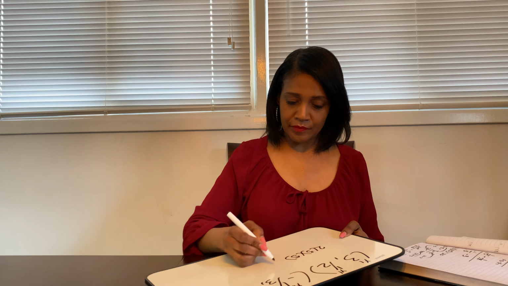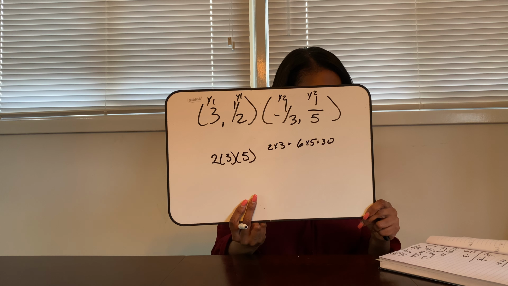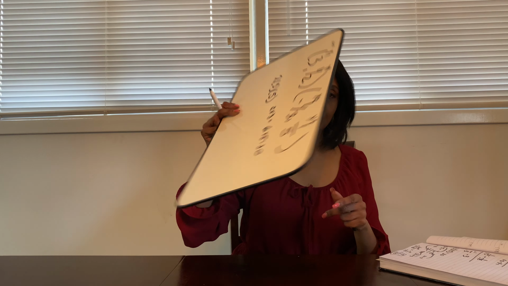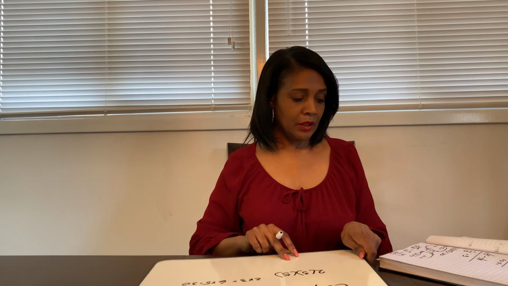I'll write that out. 2 times 3 equals 6, and then 6 times 5 equals 30. Okay? Now, once you do that, you should take your 30 and divide your denominators into 30.